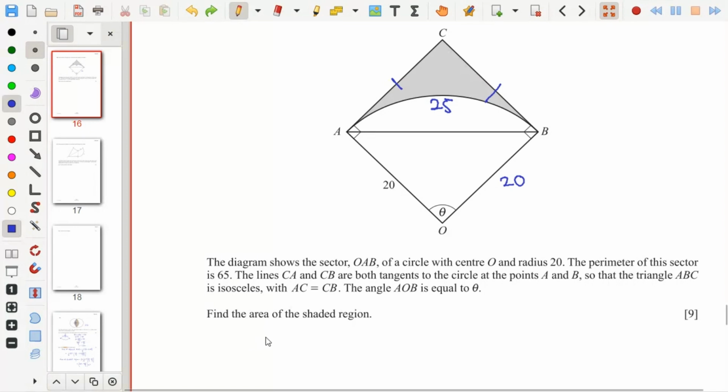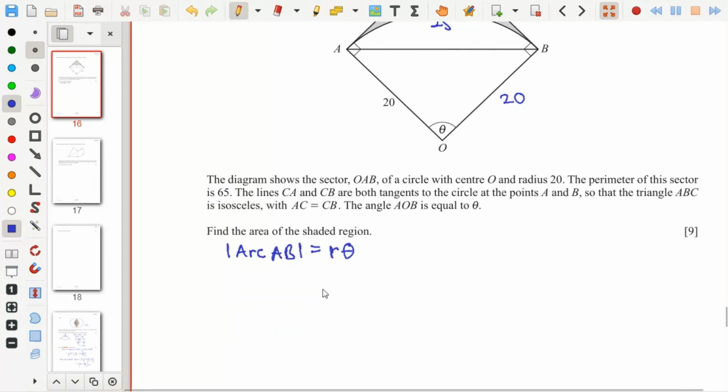Because the length of arc AB is equal to r theta.